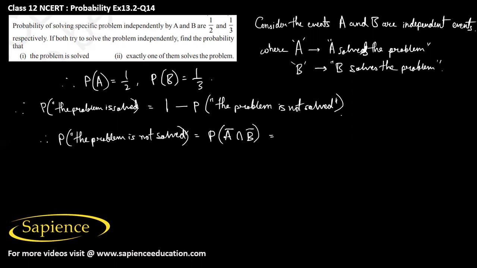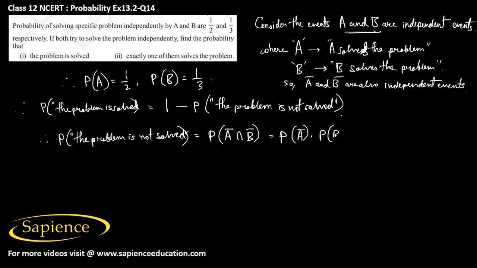It means that A should not solve it and B also should not solve it. So now, since A and B are independent events, A complement and B complement are also independent events. So this we can write as the probability of A complement times the probability of B complement.